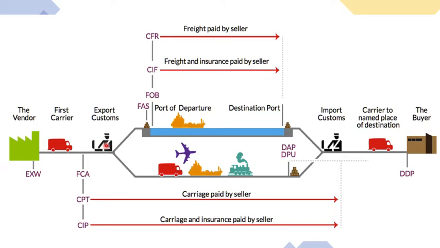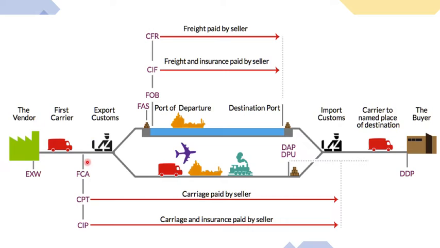Everything is controlled by the buyer. On the other side, DDP is where every duty, and the risk and the cost, is performed by the seller. So in this you can understand which rule is implemented where.